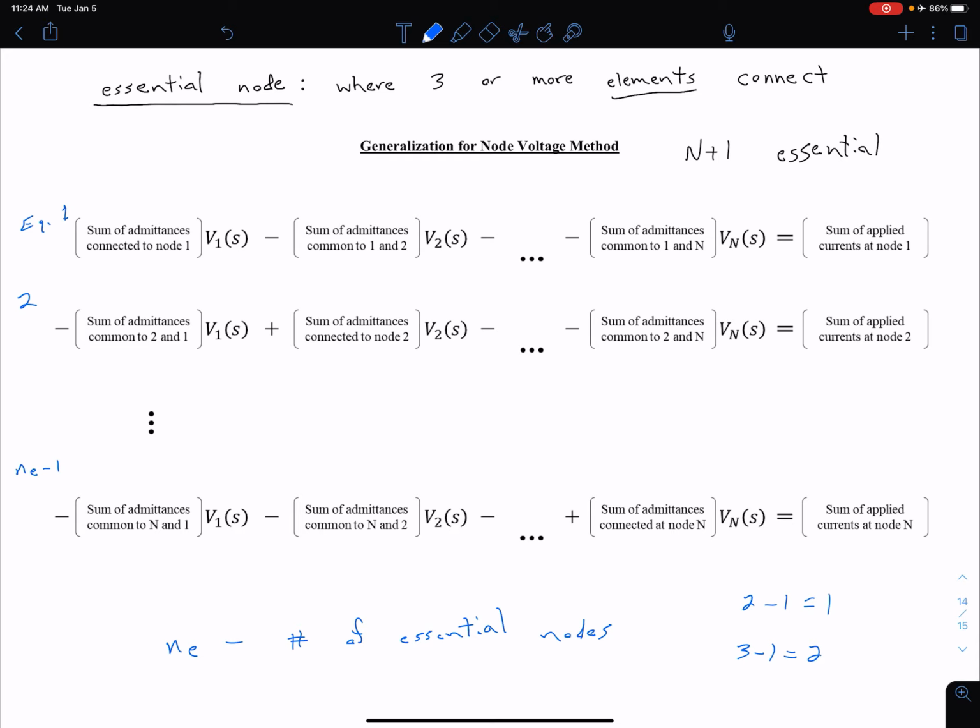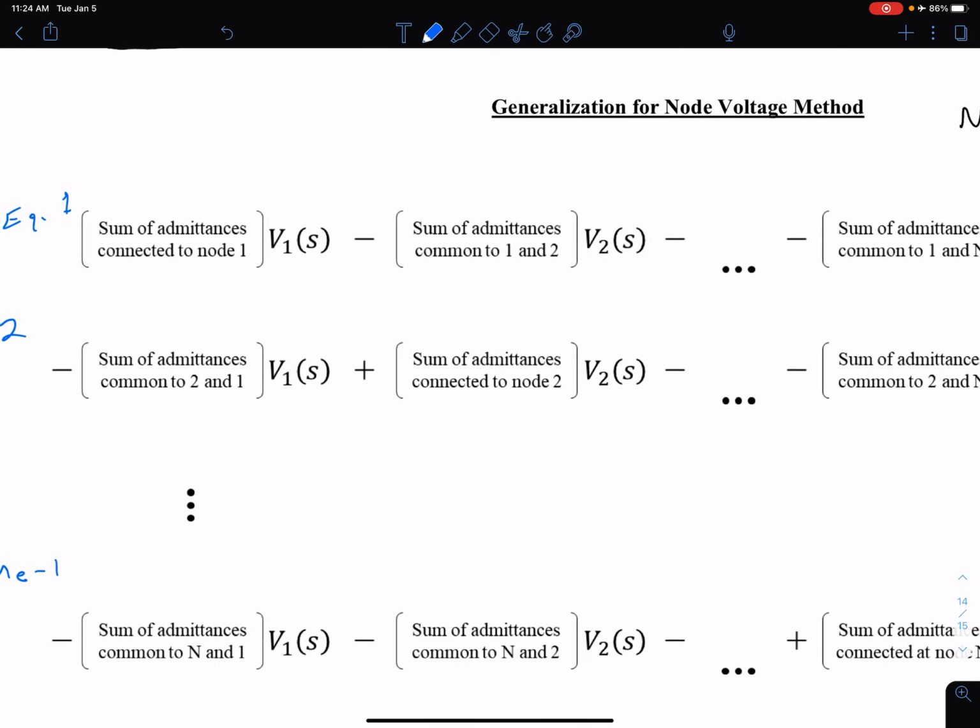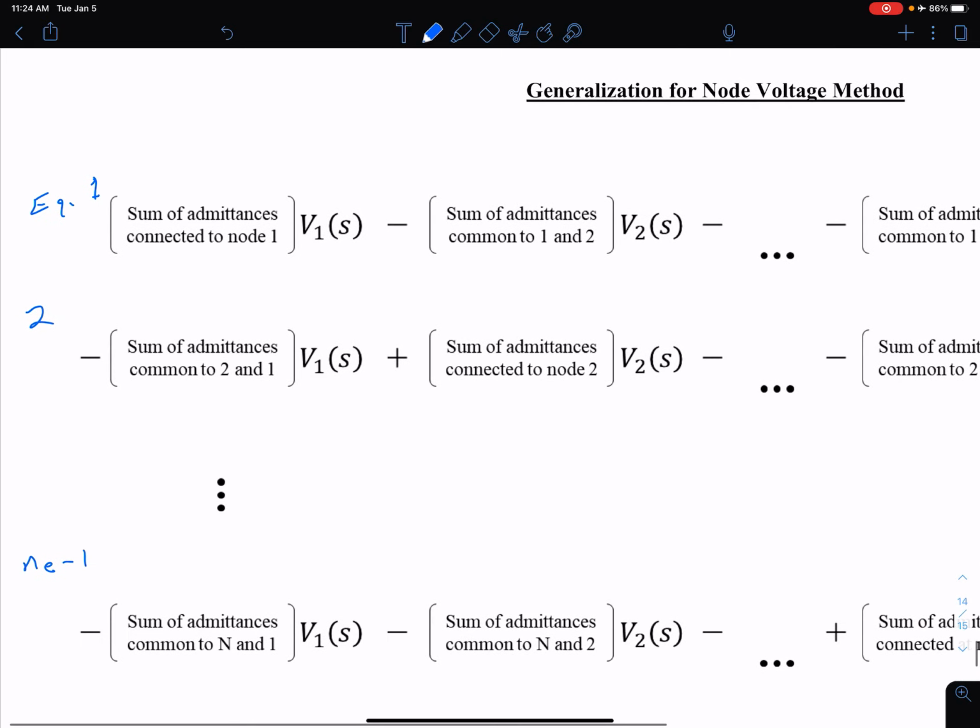So let's take a look at this first equation here, and I'm going to point out a few trends as we look at some of the other ones. Let me zoom in on this term here so we can see it a little better. Note we have the sum of admittances connected to node 1, all of that times V1. Note that we're talking about admittances, not impedances.